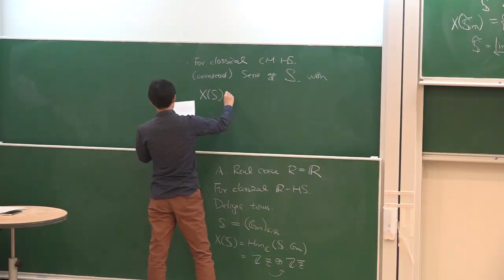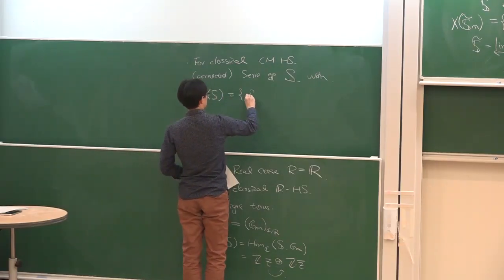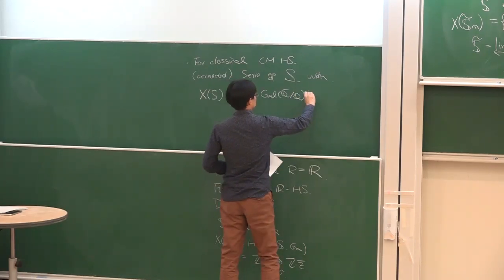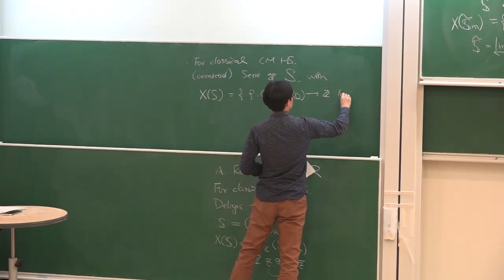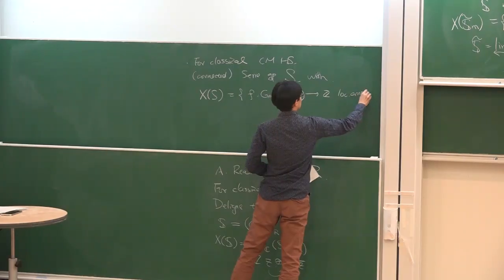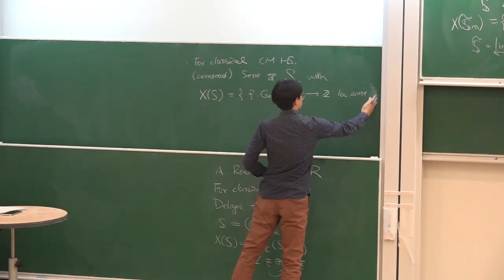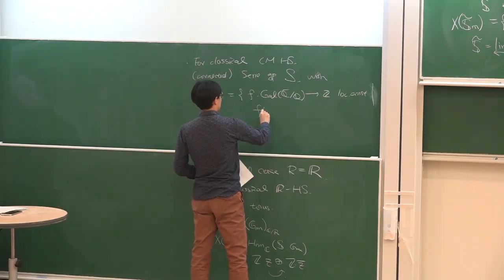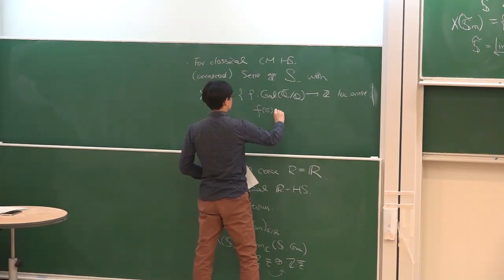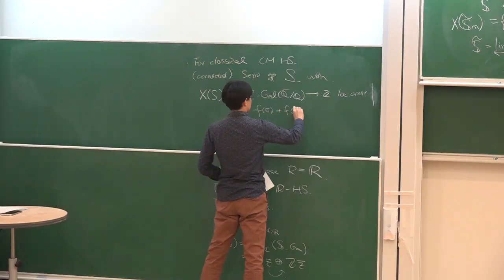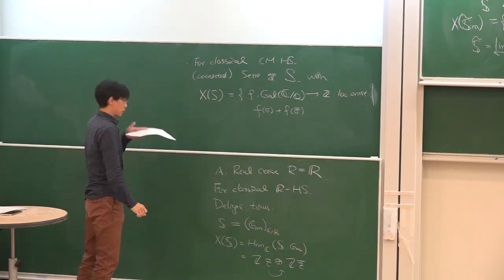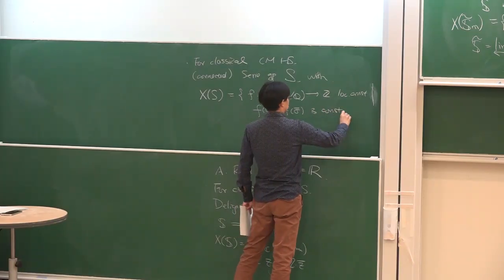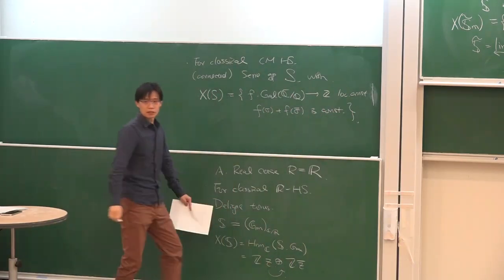The character group turns out to be all locally constant functions from Gal, which means it factors through a finite extension, such that f of sigma plus f of sigma composed with complex conjugation is constant, independent of sigma.